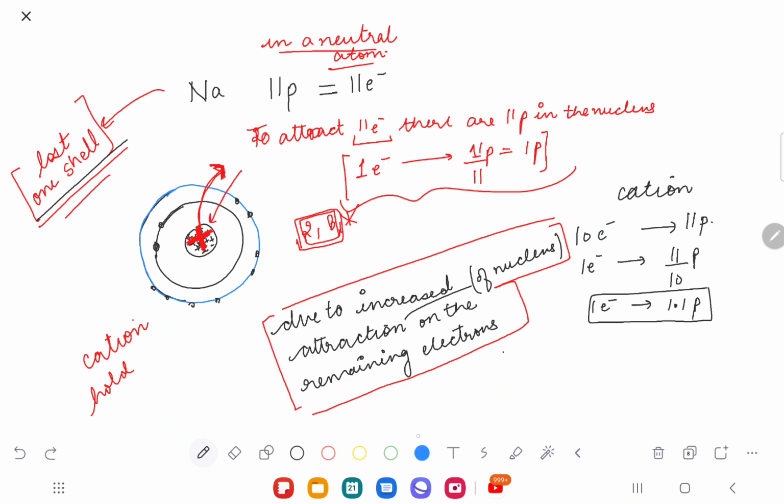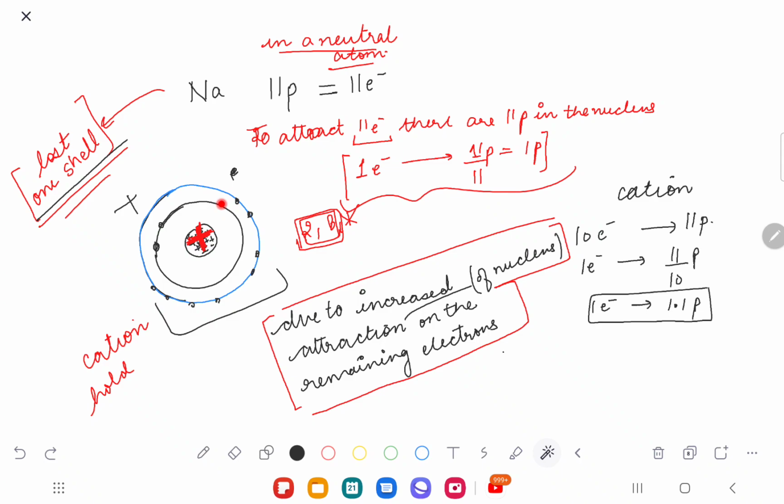Also, whosoever electron comes in the vicinity of this particular cation, this electron is in the vicinity of this cation now. So this electron will also experience a lot of attraction, because the nucleus is not just sending its attraction to its inner electrons and the valence electrons, it is also sending the attraction to all its surroundings. So whichever electron comes in its vicinity, that electron also experiences some force of attraction, Mark. Are you understanding?